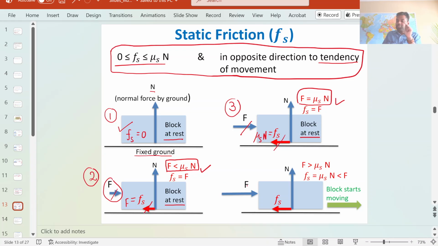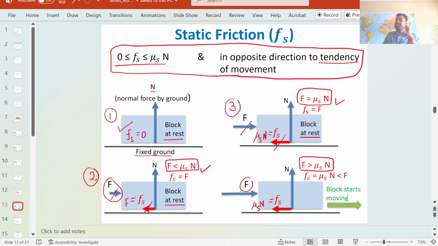Now, if we increase the value of force F and that force is more than the maximum static friction value, the ground cannot provide a friction value that is more than mu Sn. So this Fs will still be the maximum, right? Okay, and the block will start moving.